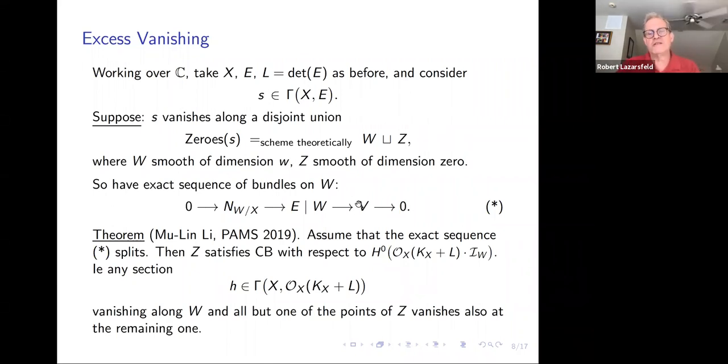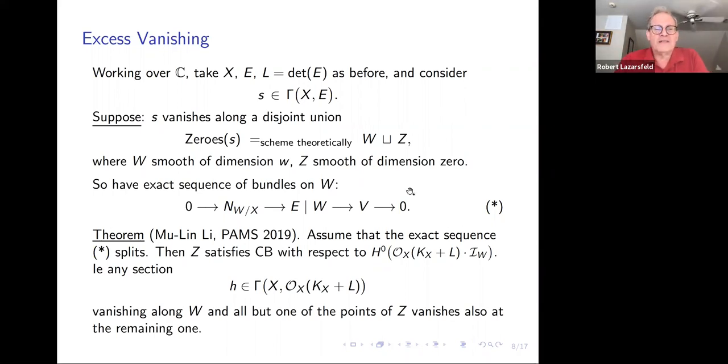He proves this theorem with what he calls virtual residues. It's an analytic proof. I'm pretty convinced that you should be able to prove it by writing down the Koszul complex, and the splitting of this should somehow say that the maps that come into the Koszul complex are trivial. I'm quite sure there's a proof like that, but I have to confess, whenever I sit down to do it, I get all bollocksed up. But somebody should do that.